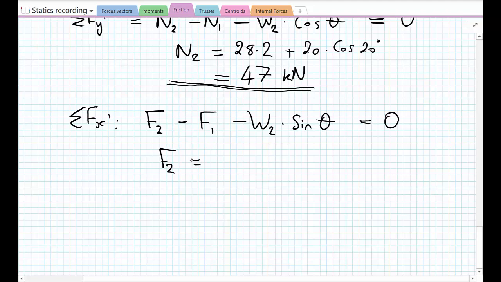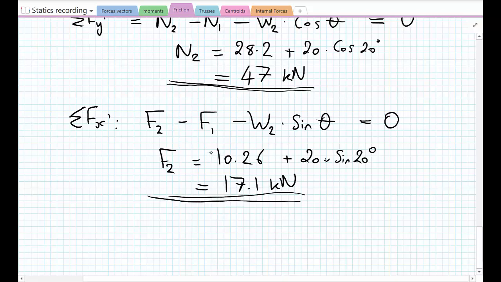And we can now calculate a value for F2. So this is equal to 10.26, the value of F1 we calculated, plus 20 times the sine of 20 degrees, and we get that F2 equals 17.1 kilonewtons.